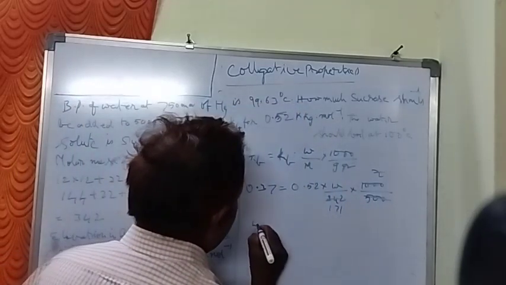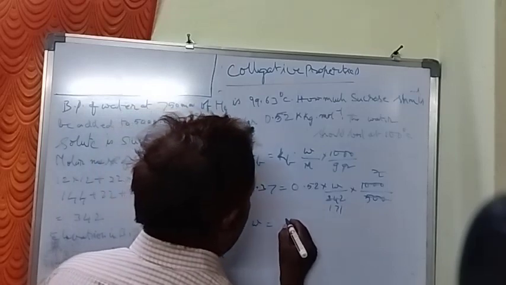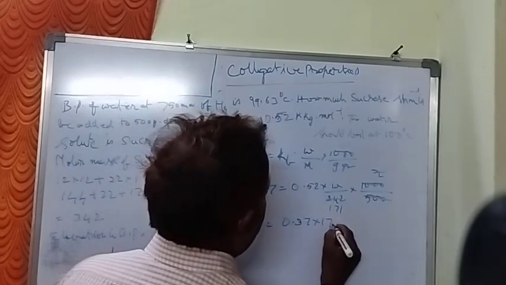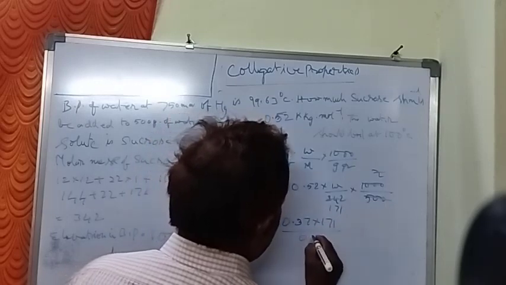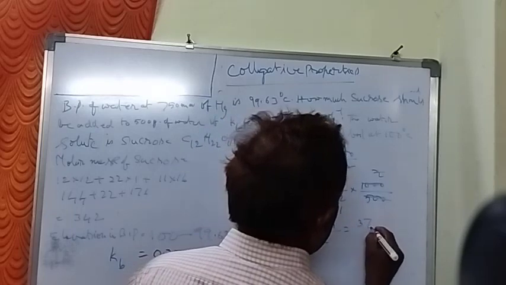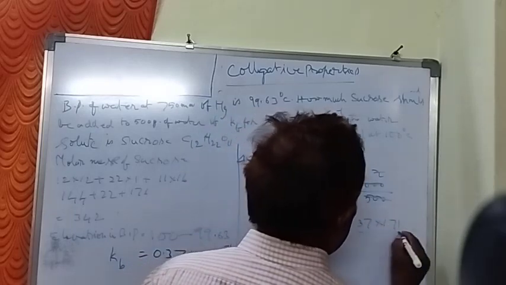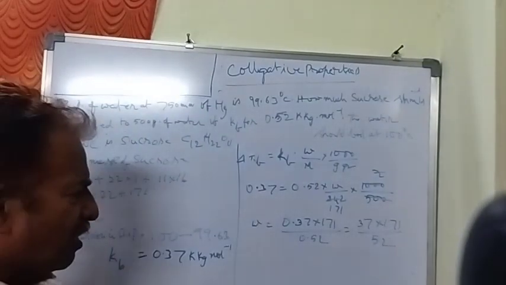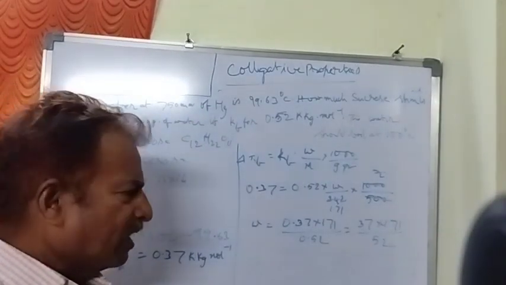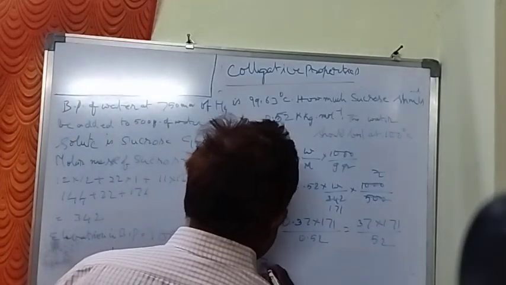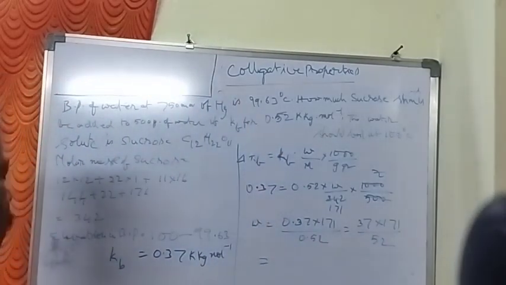So weight of the substance is equal to 0.37 into 171 by 0.52. This we can write as 0.37 into 171 by 52, because in numerator and denominator the decimal place is before two digits, therefore this decimal is removed. Therefore this is nothing but 37 into 171.